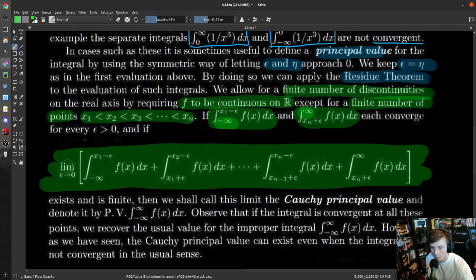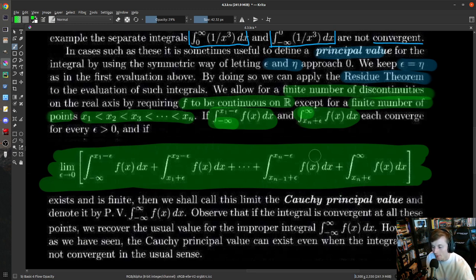All we're going to do is take the limit as epsilon goes to 0 of the integral from minus infinity up to the first point of discontinuity minus epsilon of f of x dx, and then we'll integrate f of x dx again from the first point of discontinuity plus epsilon up to the second point of discontinuity minus epsilon. And then from the second point of discontinuity plus epsilon up to the third point of discontinuity minus epsilon, and so on, keep summing it up to the very end.